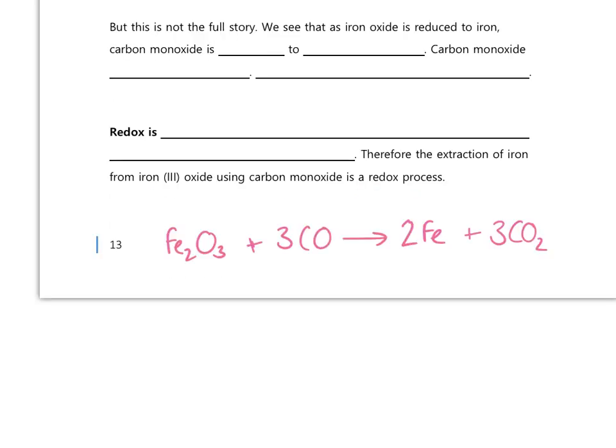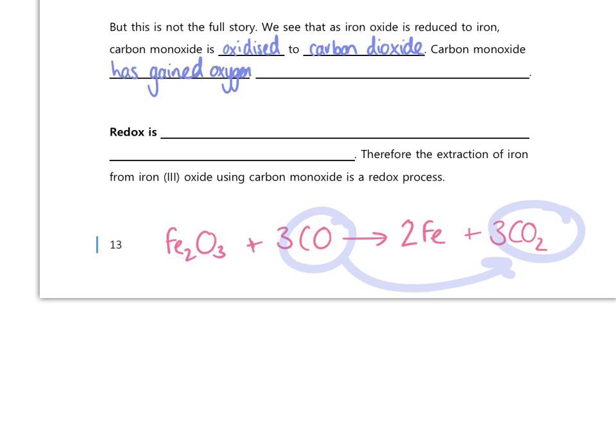Let's write that down below. I've just rewritten the equation so that you can see it on your screen as well. So we're focusing on our carbon monoxide and how it is gaining oxygen to become carbon dioxide. So we need to write in these gaps that as iron oxide is reduced to iron, carbon monoxide is oxidized to carbon dioxide.